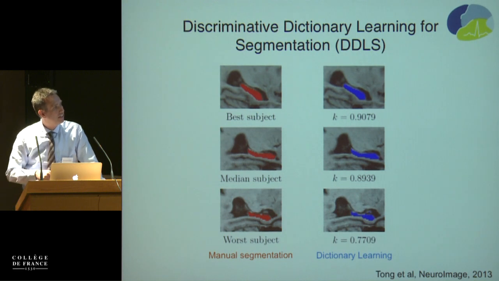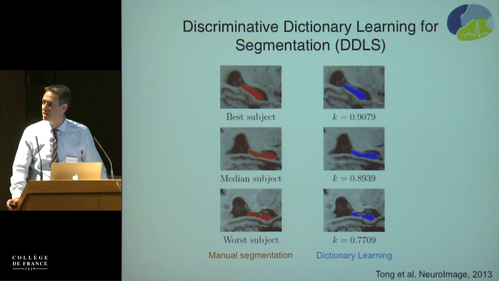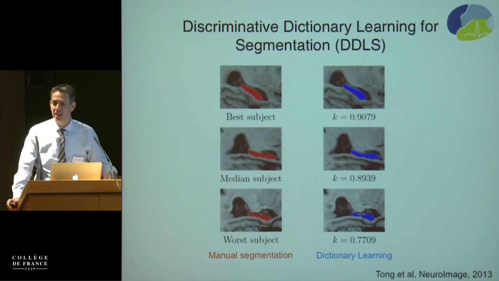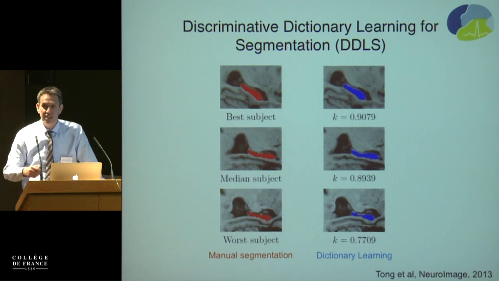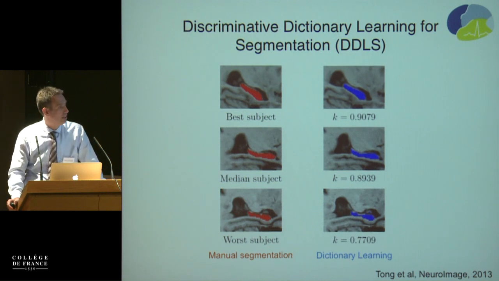And you can see even in the worst case, out of the 800 subjects, it actually does a pretty good job at segmenting the hippocampus, which is a small, difficult to localize structure, quite accurately. So this is a quite powerful approach for segmenting images in a fully automatic way.